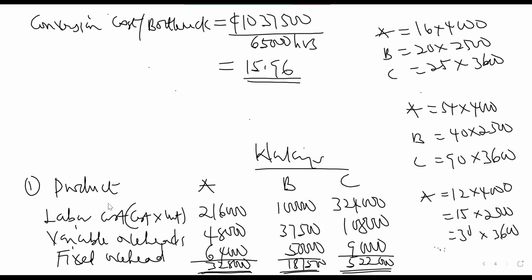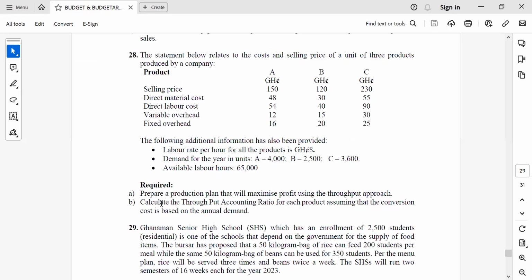Okay, sometimes the question will not say, let's look at the question there. The question stated that we calculate the throughput accounting ratio for each product, assuming that the conversion cost is based on the annual demand.